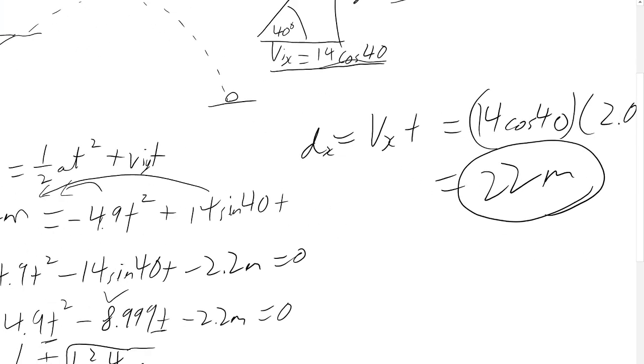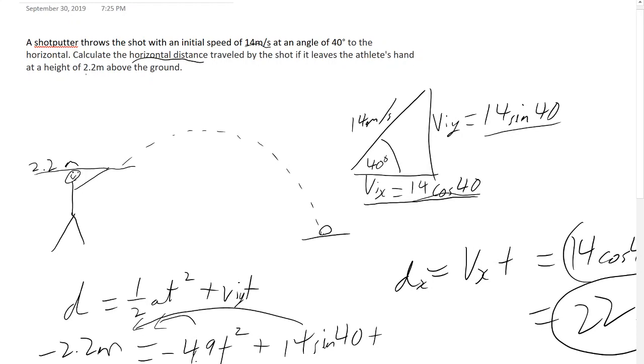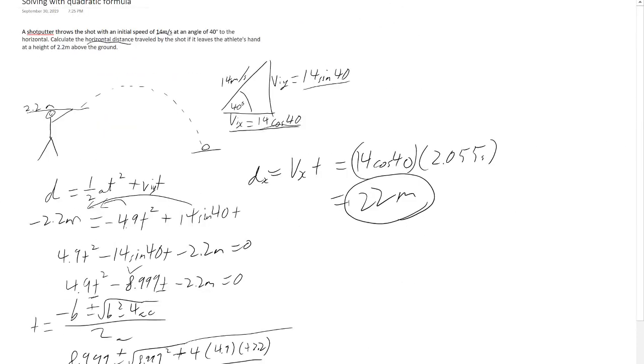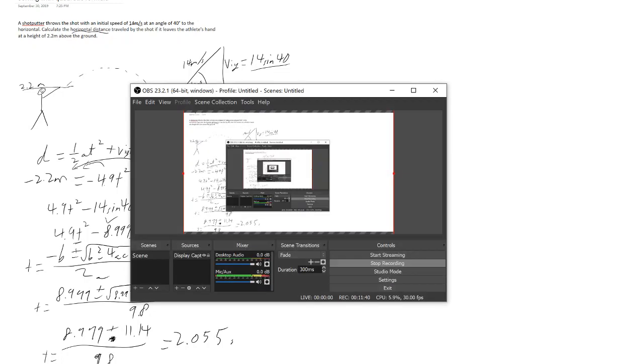Just to check if the sig figs are right, usually check what values it gives you. 14, 2.2, those are both 2 sig figs. So that means the answer will probably be 2 sig figs. And yeah, that's how you solve this problem. So thanks for watching, guys. I'll see you in the next video.